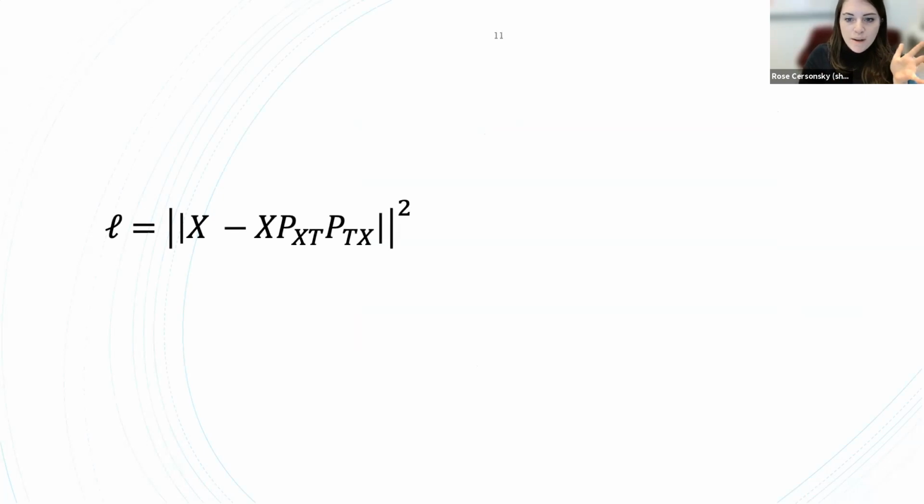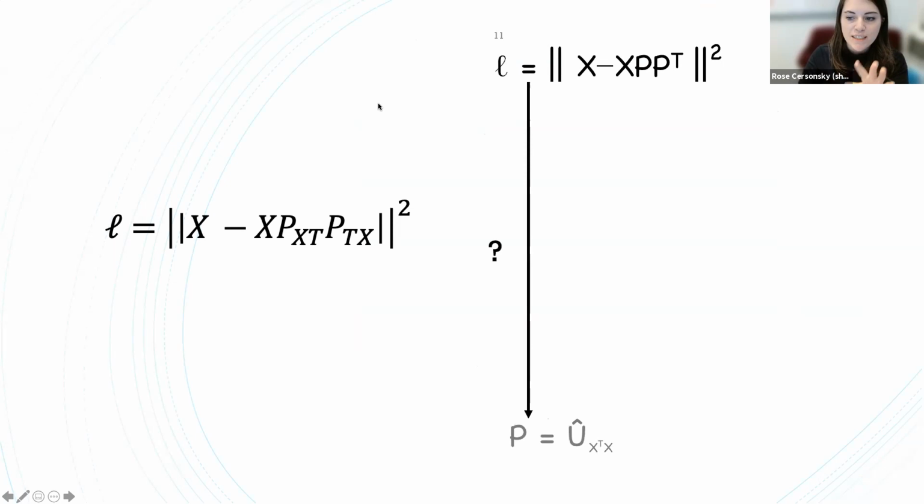It comes from this equation, where we're doing an L squared loss between our original matrix and our transformed and reconstructed matrix. I'm moving my finger around because I have animations. So essentially we go from this L squared loss to our understanding that our projectors are determined by the eigen decomposition of the covariance matrix.